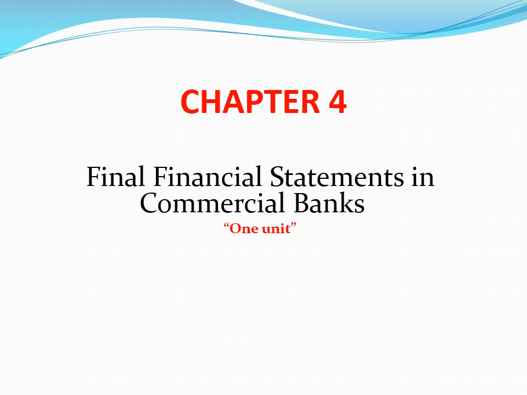And as you know, the accounting cycle, either in commercial banks or any other entity, usually begins with journal entries, then posting to ledger accounts. After that we have to balance these accounts and take these balances, either debit or credit, to prepare the trial balance with two columns, one for debit balances and the other for credit balances.